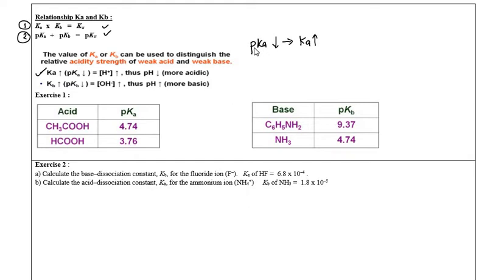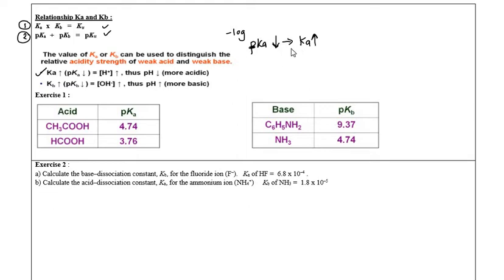Mesti ingat sebab bila ada P here, P means negative log. Kalau you ada negative log, that means relationshipnya akan menjadi inversely. That's why di sini rendah, di sini tinggi, sebab ada terms negative log. Memang akan automatically dia punya relationship inversely proportional.